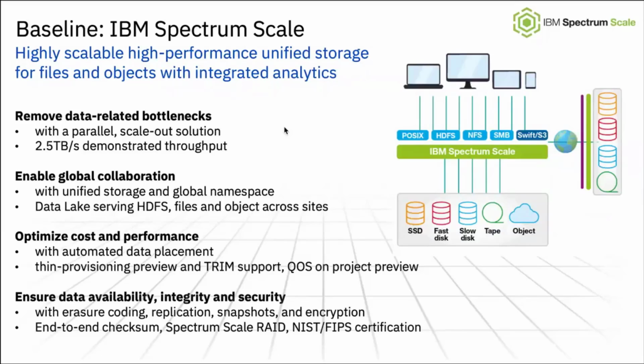One of the biggest advantages of Spectrum Scale is its performance because of its parallel nature, and it's providing a scale out solution. In addition, it provides a global namespace and can serve data lake kind of requirements through its unified storage that includes HDFS, files, as well as object storage across sites.